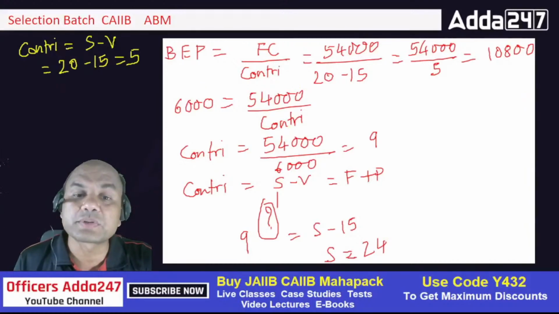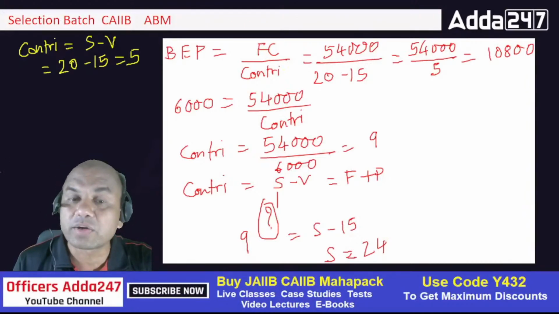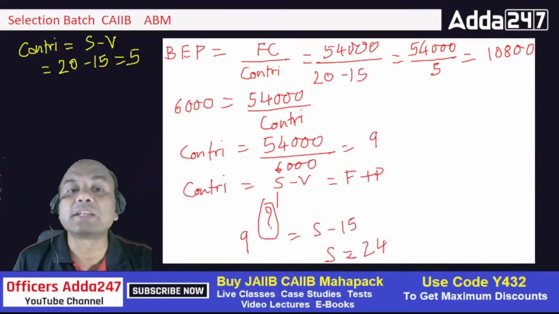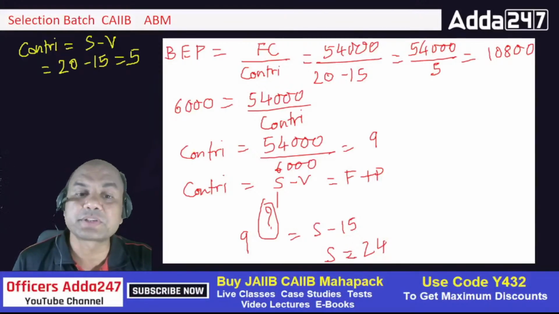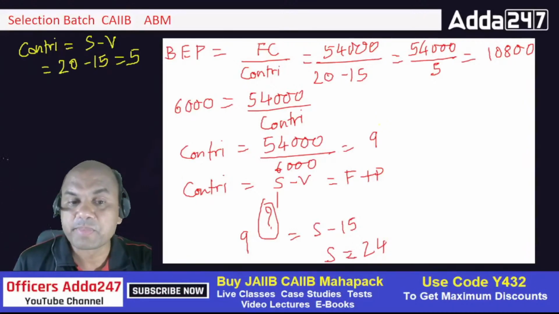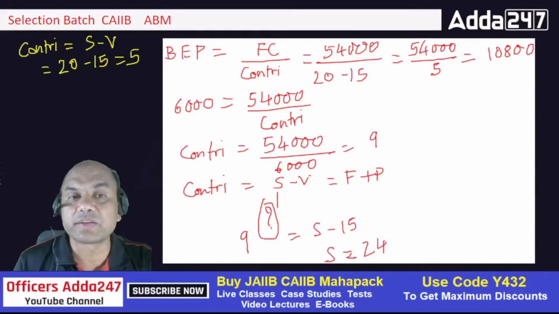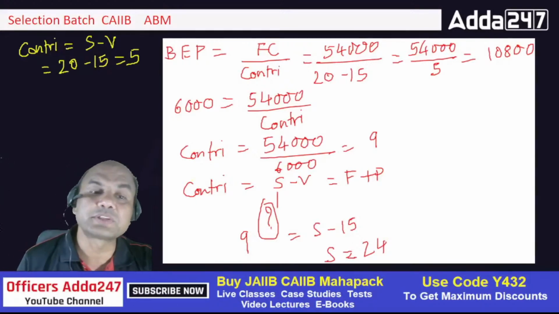I don't know the contribution now, because the contribution has changed, as I want a separate selling price. I'll keep the contribution on the left side and bring 6,000 over here. So 54,000 upon 6,000 is equal to 9. So contribution equals 9. But what is the formula for contribution? Contribution equals S minus V.